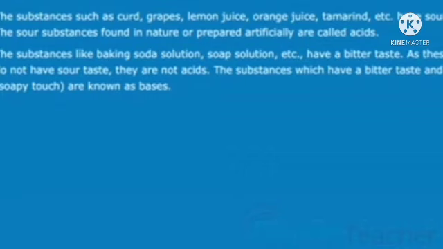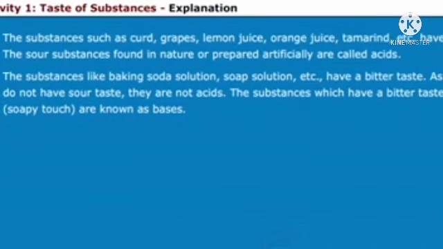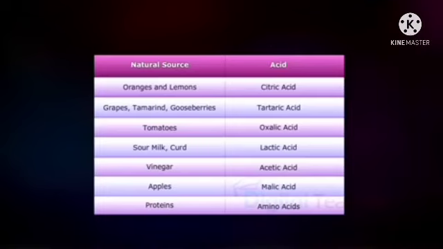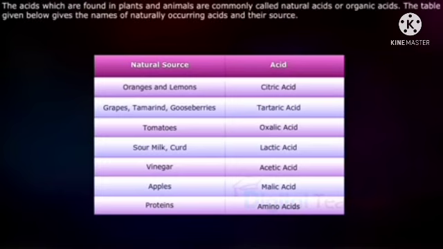The substances which have a bitter taste and feel soapy to the touch are known as bases. The acids which are found in plants and animals are commonly called natural acids or organic acids. The table given below gives the names of naturally occurring acids.